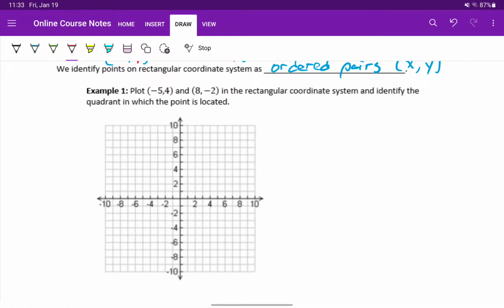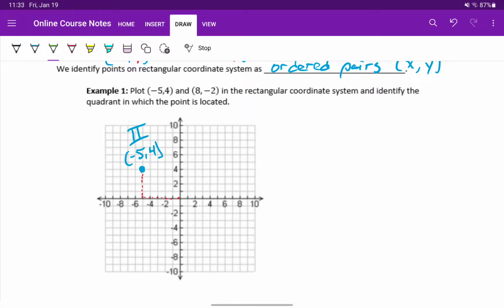So the first thing that we would do is move to the left to get to -5, and then move up to +4. And right where that path ends, we would put our point, -5, 4, and we can see that we've ended up in the second quadrant.